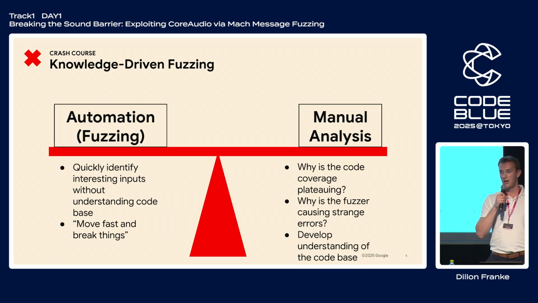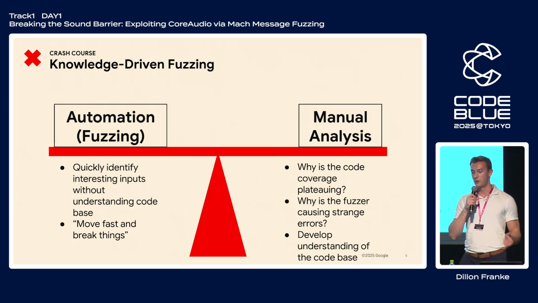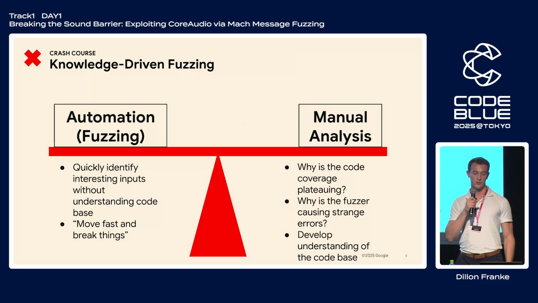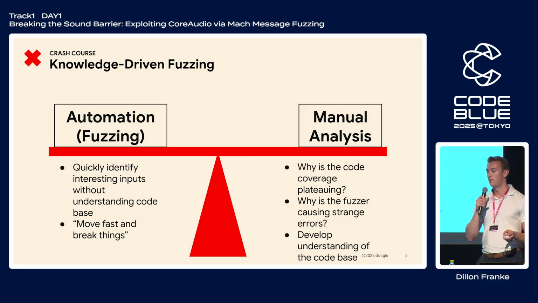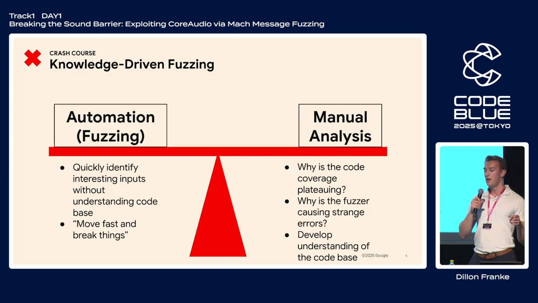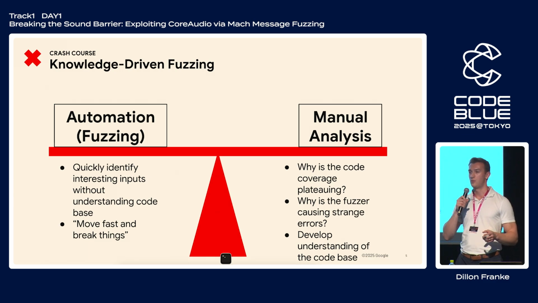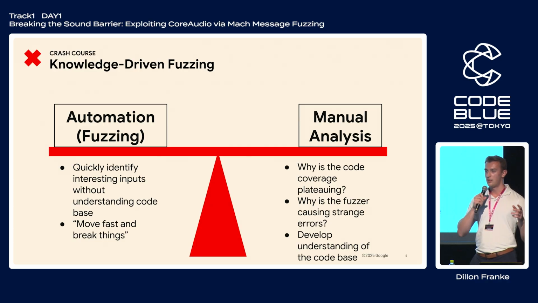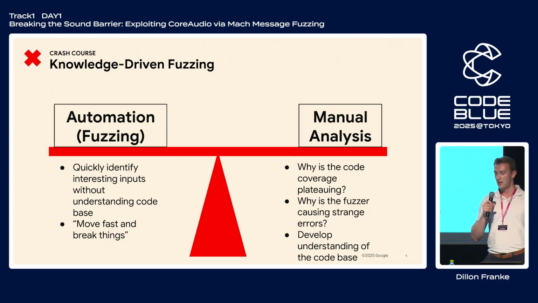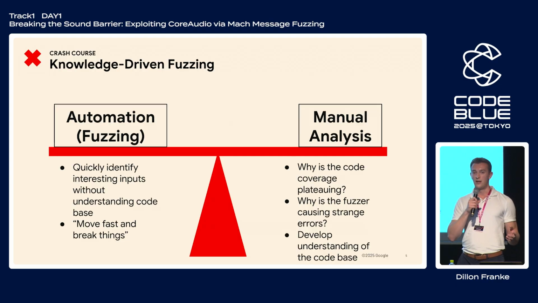But the approach that I like to use when fuzzing, and especially on Apple systems where most of the code is closed source, is this idea of knowledge-driven fuzzing. So this balances automation, which is fuzzing. This is used to quickly identify interesting inputs, and you might not fully understand the code base when you're doing this. You're just throwing things at it and seeing how it reacts. Kind of this idea of moving fast and breaking things. But you don't stop there. You couple that with manual analysis.